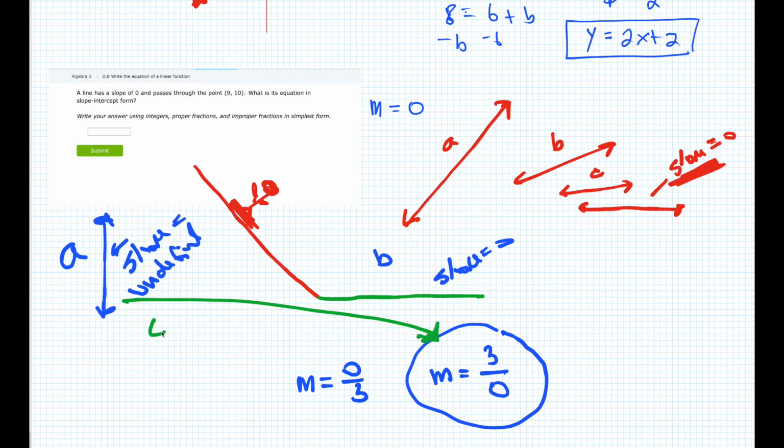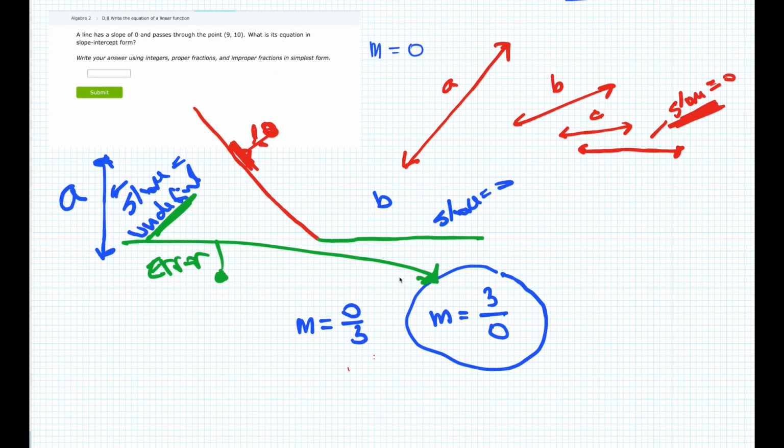Your calculator is going to say error, because you cannot have a 0 on the denominator. When you have a 0 on the numerator, what's the slope going to be? A 0 upstairs means you have a horizontal line, and a 0 downstairs means you have a vertical line.